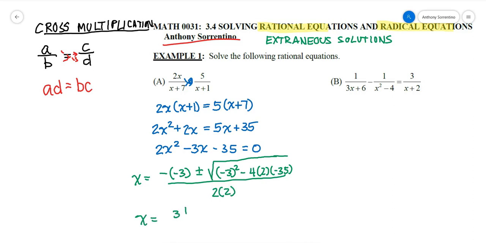So 3 plus or minus the square root of negative 3 squared plus 4, minus 4 times 2 times negative 35 becomes a 289, all over 4. The square root of 289 is 17, so I'm going to have 3 plus or minus 17 over 4.